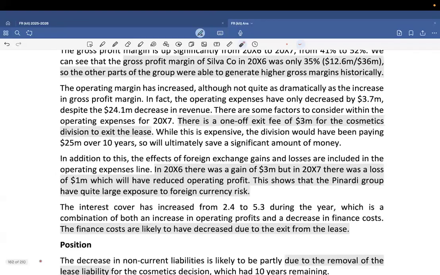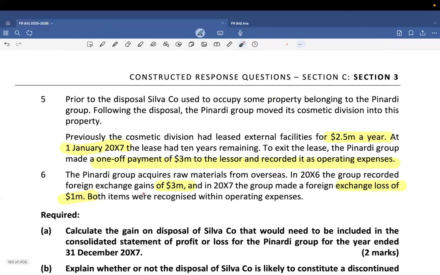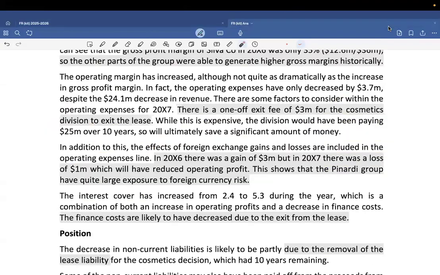Now, they've also told you that there has been a foreign exchange amount added here. In 2006, the foreign exchange gain is 3 million. In 2007, it is a loss of 1 million. The foreign exchange gains and losses are included in the operating expenses line.